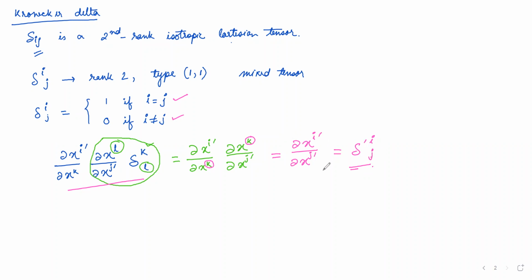If we look at this expression, we'll see that if i and j are equal, then it will be equal to 1. And if i and j are not equal, then it will be equal to 0. Okay. So this actually means that delta ij is an isotropic second rank tensor.